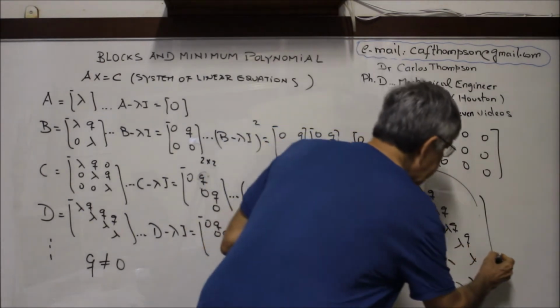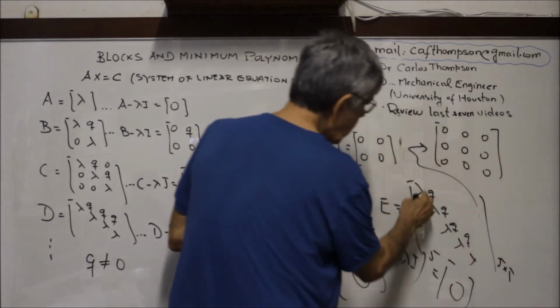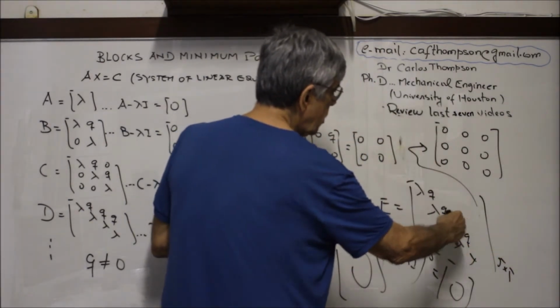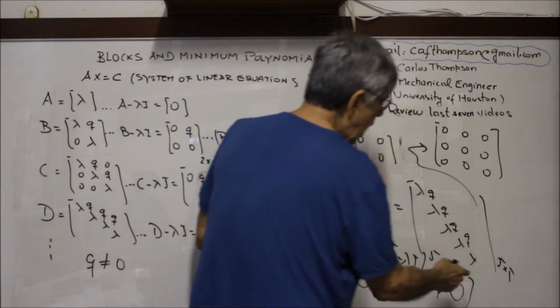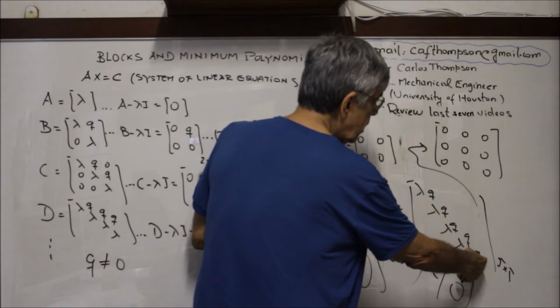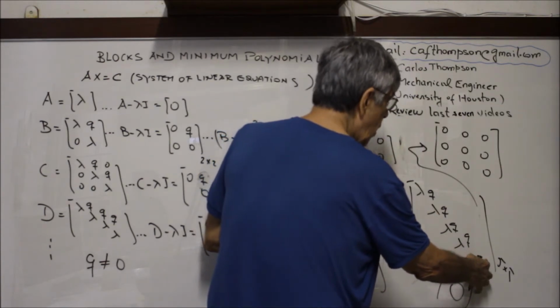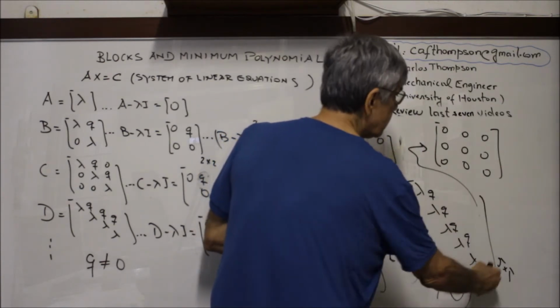Now, what you have seen is this. This is 5 by 5. You have in the super diagonal only 4 Q's, because I cannot put Q here, otherwise we would have 6 columns.